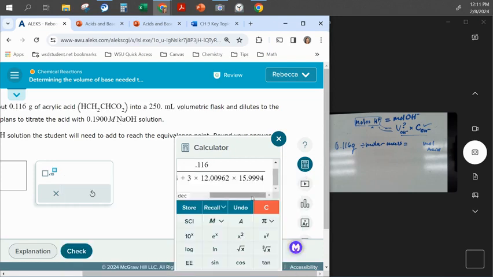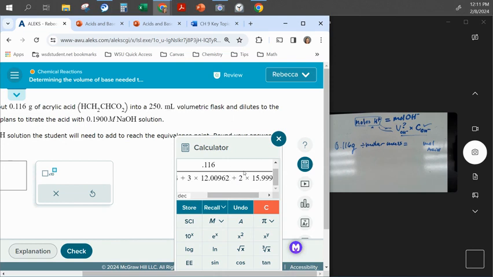Let's see if that looks right. No. 4 times hydrogen, 3 times carbon, and I just have 1 oxygen. I need 2 times oxygen. Oh, this is multiply. Plus 2 times oxygen. Okay, that looks right to me.